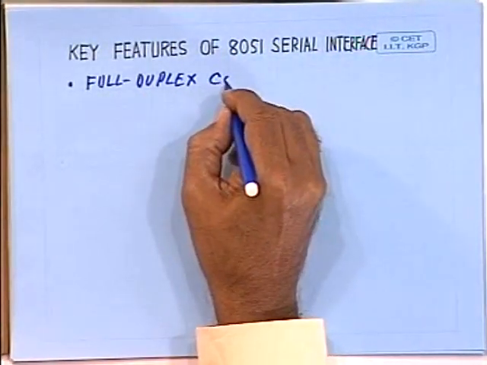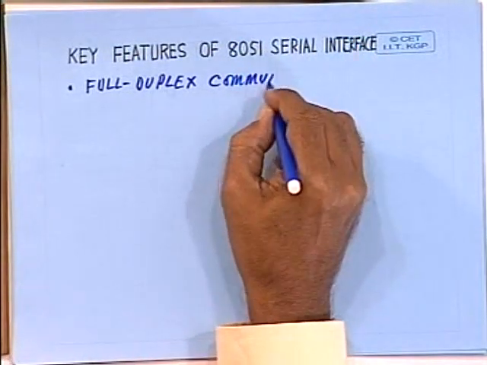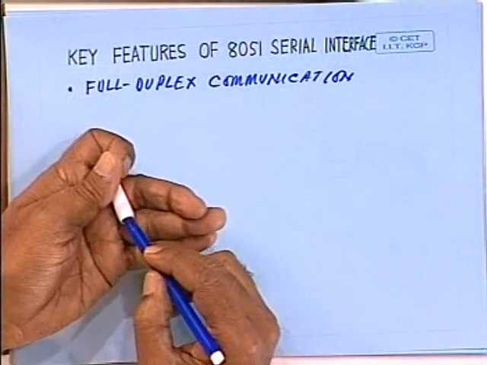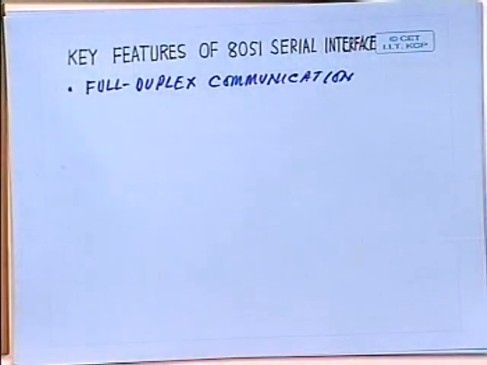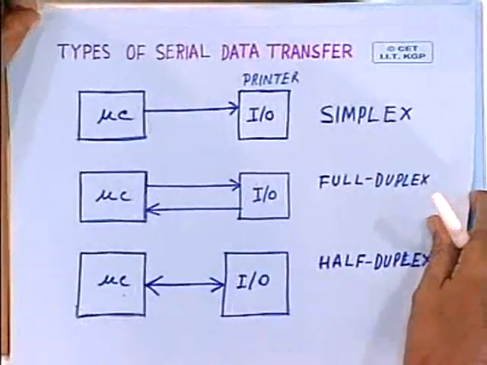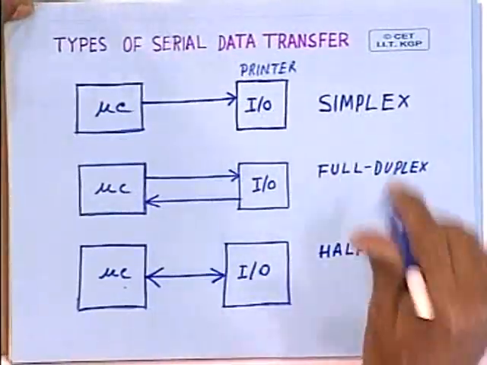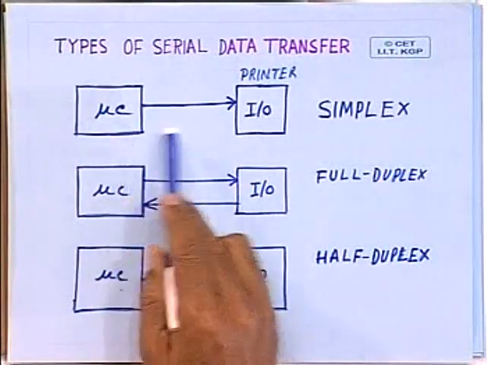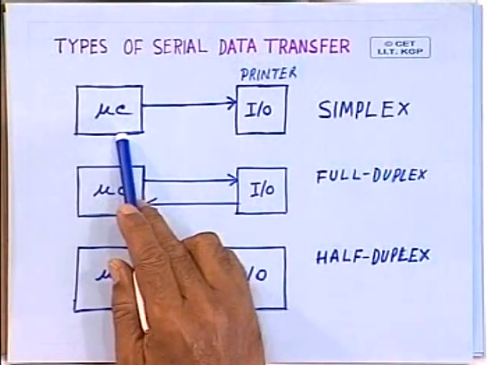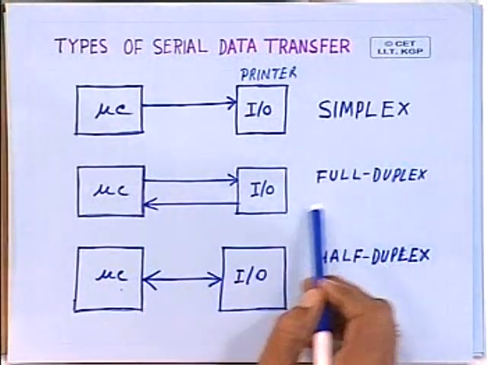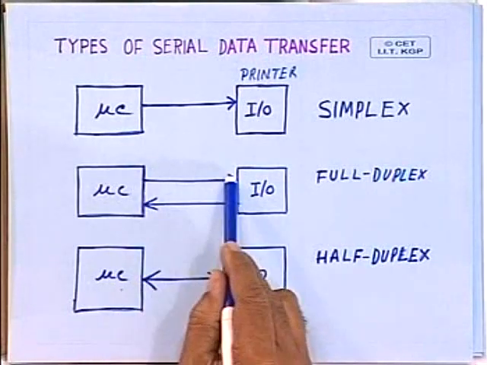You may recall that we have already discussed the different types of serial data transfer possible. One is simplex mode of communication, where data transfer takes place only in one direction, maybe from microcontroller to some IO device, or it can be full duplex, where simultaneous two-way communication is possible.